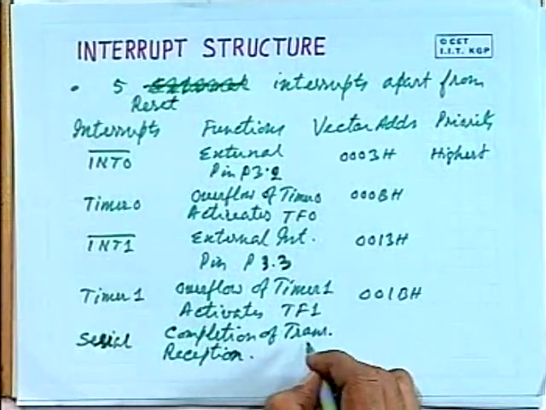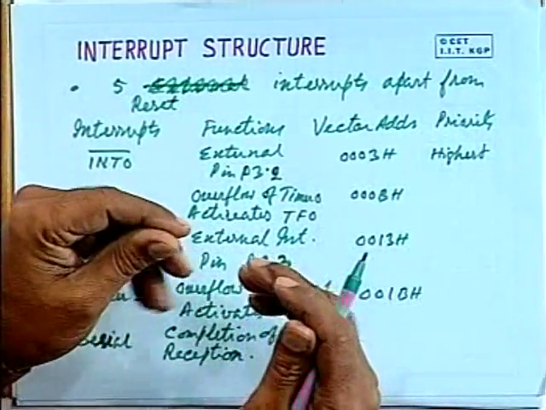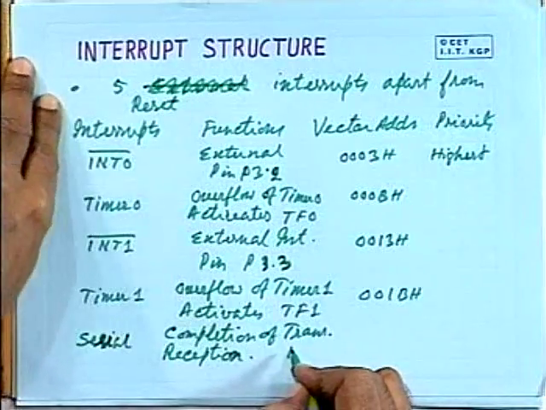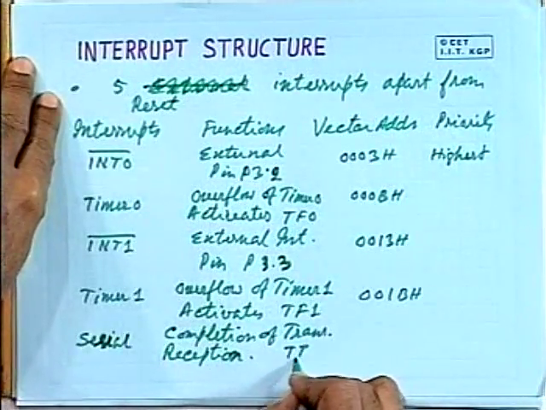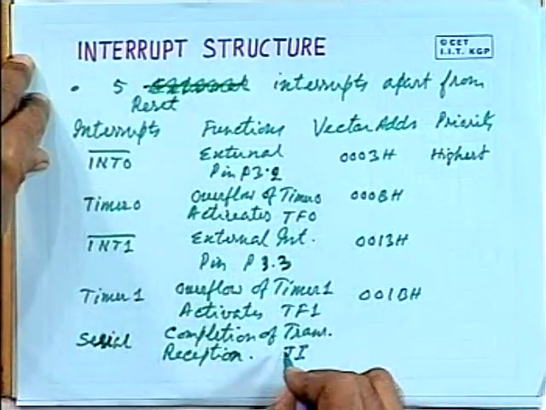As you know, in case of serial mode of data transfer, you write a byte into the buffer, then that particular byte is transferred serially, and whenever that transmission is finished, then there is a flag bit, that is your TI, that flag bit will be set and interrupt will be generated.